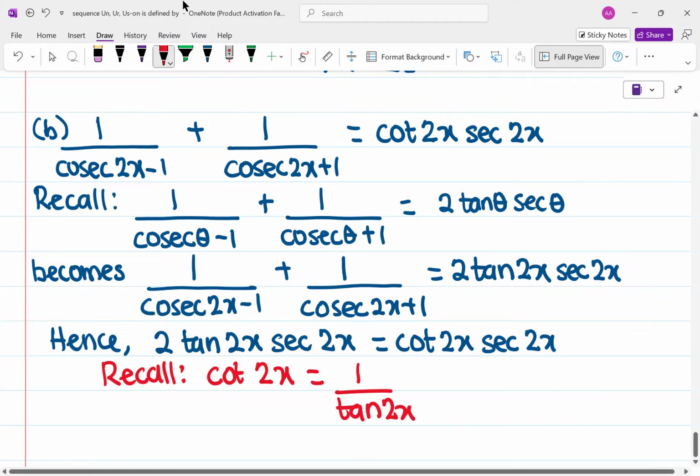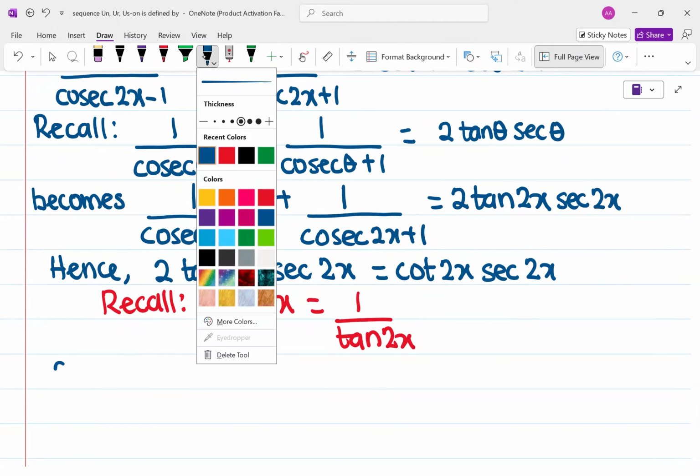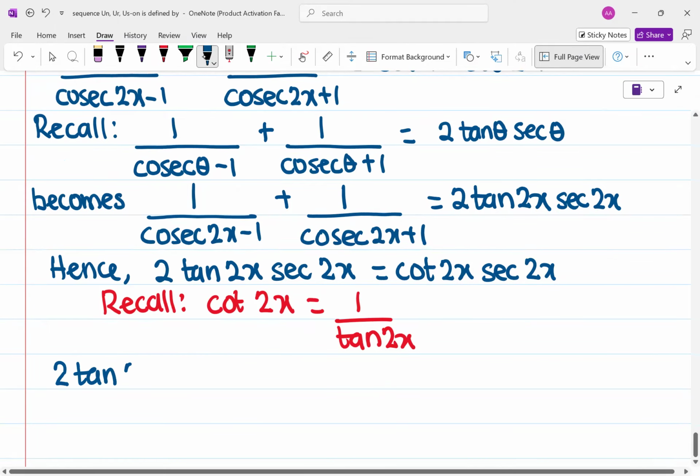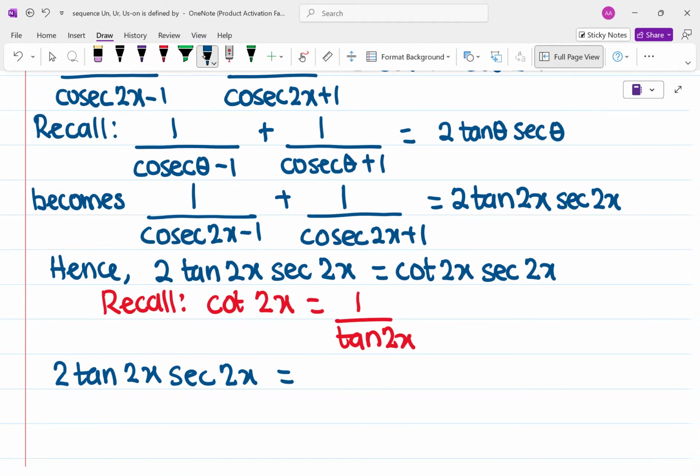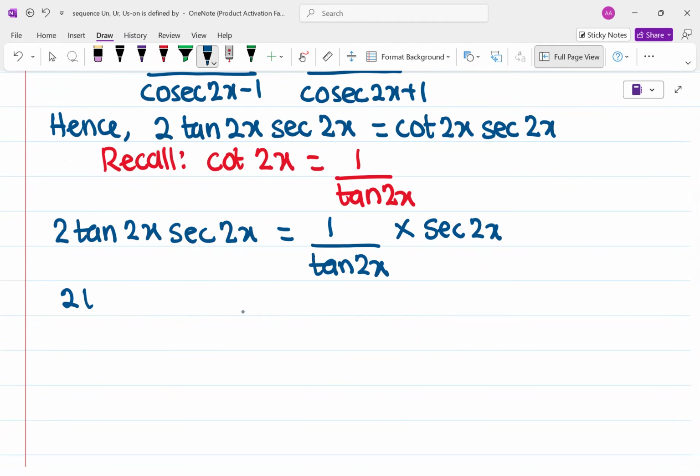So I can now rewrite my equation as 2 tan 2x sec 2x will now become 1 over tan 2x times sec 2x. So I have this now. This will now become 2 tan 2x sec 2x is equals to sec 2x over tan 2x.